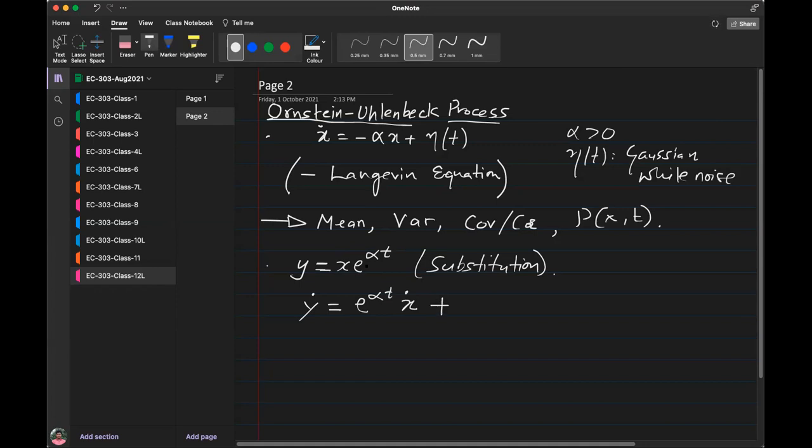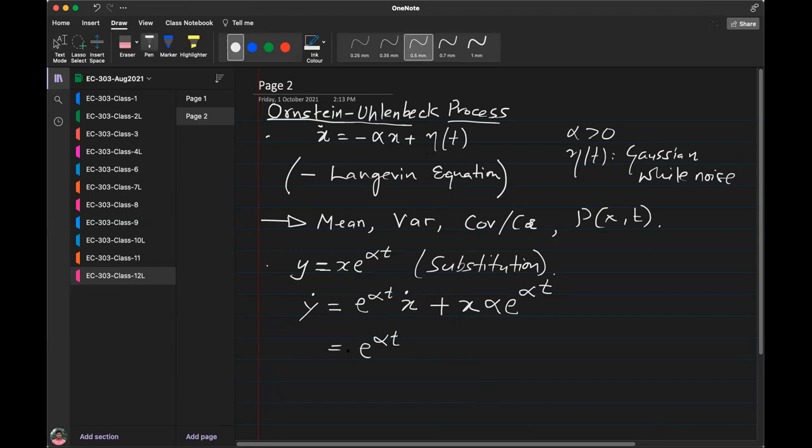Then the second term keeps x constant and takes the derivative of e power alpha t, which is alpha times e power alpha t. Now in this we have x dot, and we already have an expression for x dot, so I am going to substitute x dot with the right hand side of the equation.